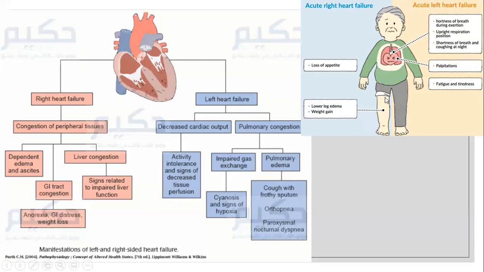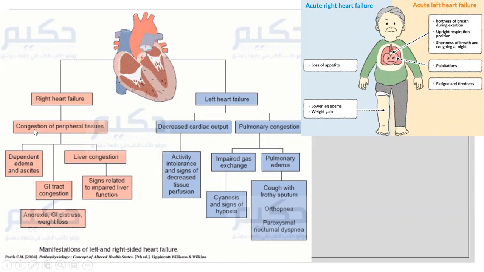So you can see pitting edema, leg swelling. Subsequent engorgement of the systemic veins produces pitting edema or enlargement of the liver, and the patient develops ascites.